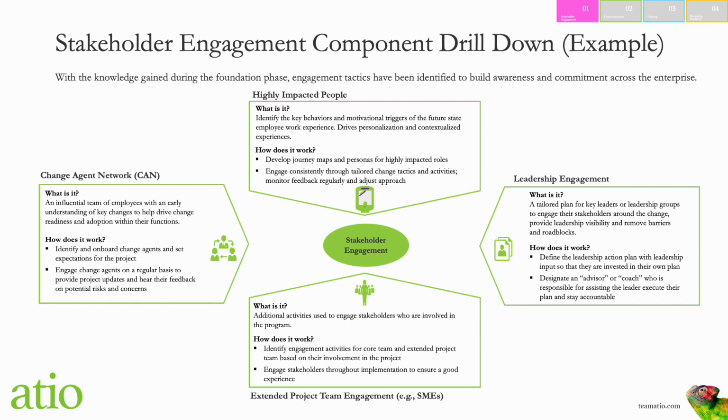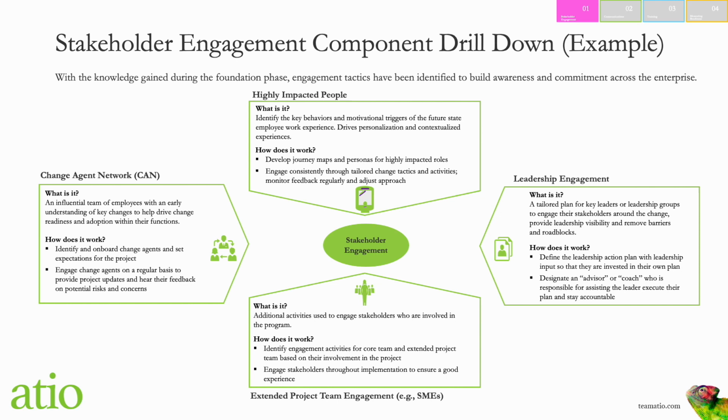And in this case, we are using a change agent network. We're focusing on highly impacted people, leadership engagement, and a good experience for the extended project team, or the SMEs. That was important to this client. Therefore, that's why it's on the drill down page.